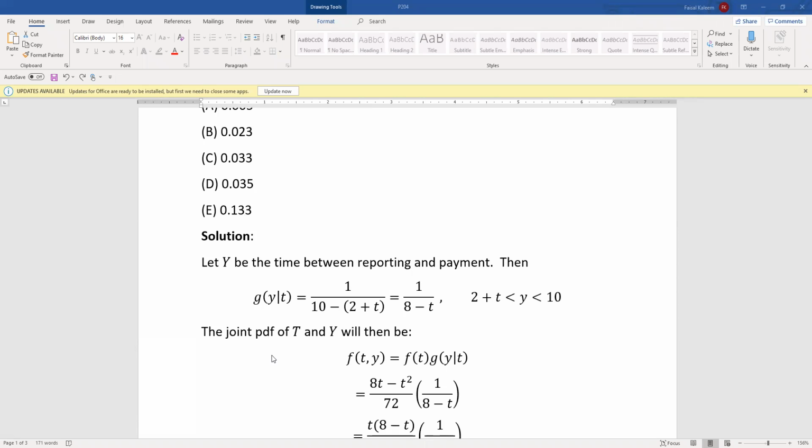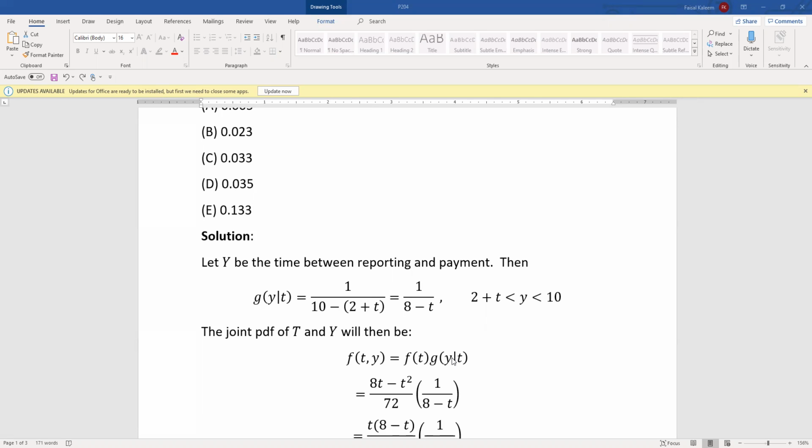And then we know that the joint PDF of t and y can be written as f of t times g of y given t. That's how we can find any joint PDF: you take the PDF of the first variable times the PDF of the second variable given the first variable.